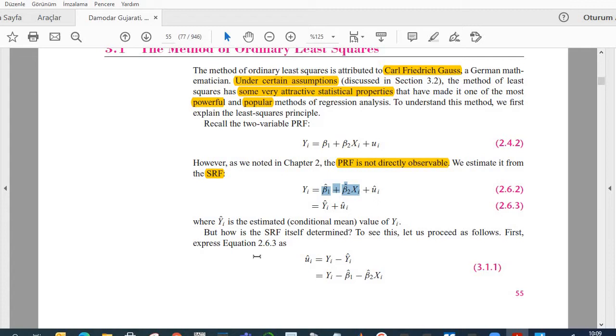To see this, let us proceed as follows. First, expression 2.6.3: ui hat is the actual yi minus the estimated yi. So the residual can be obtained by using this formulation, yi minus beta 1 hat minus beta 2 hat xi.